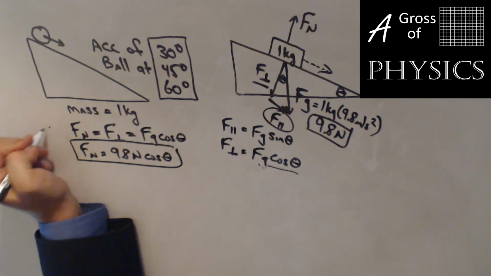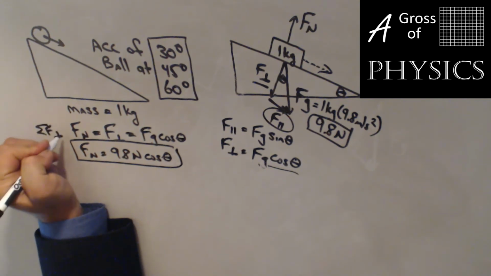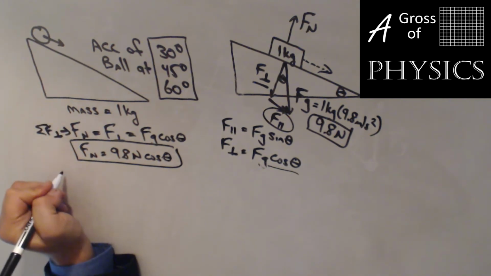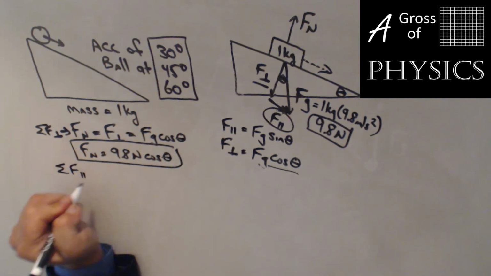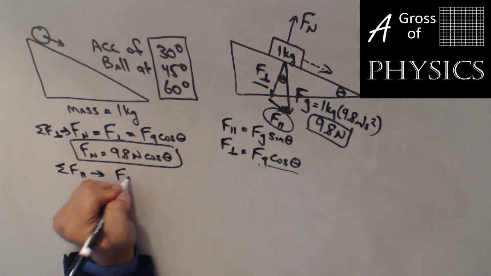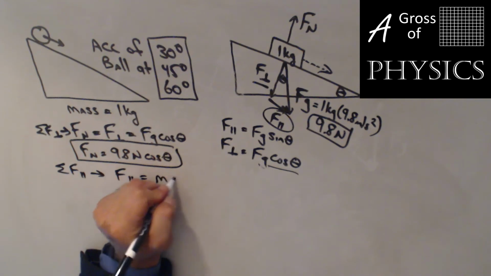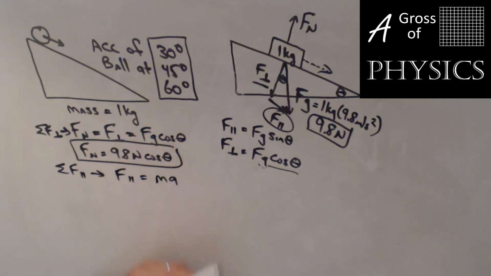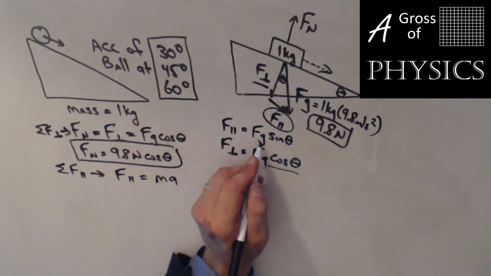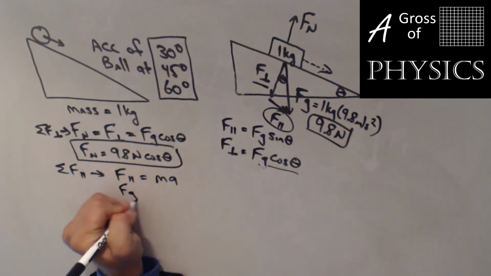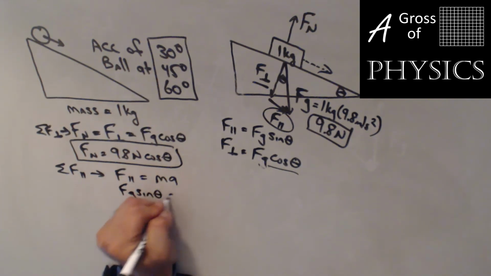So this over here was my sum of the forces in the perpendicular direction. And if I sum the forces in the parallel direction, I get F parallel equals MA, which is the simplest type of equation for forces, only one force in the direction of motion. Now we know that F parallel is Fg sine theta equals MA.